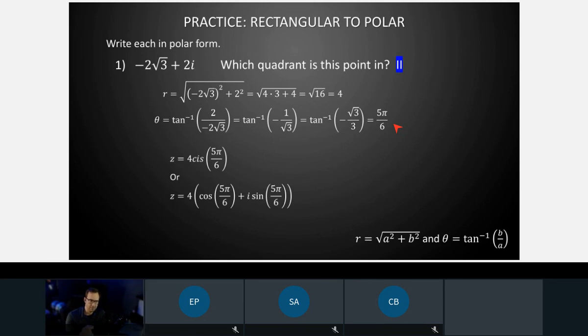But make sure you stay within one rotation, so from 0 to 2 pi. So just be careful whether you add or subtract that pi to get to the quadrant you're supposed to be in. So if we started in quadrant 1, but what we got is in quadrant 3, you would just add or subtract 1 pi.